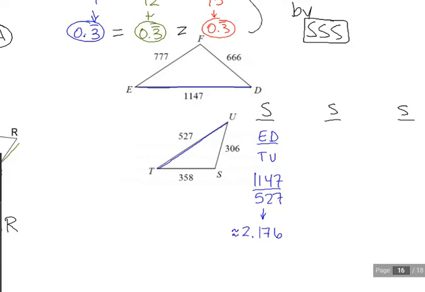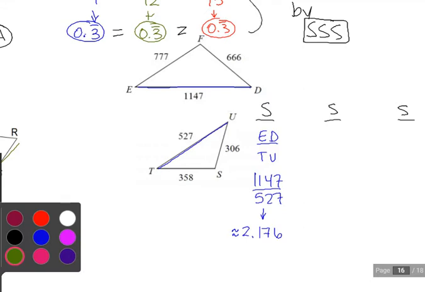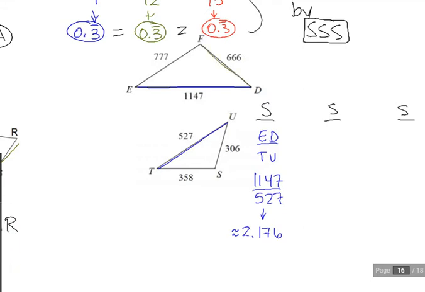All right, so here we have the small side. Oh, 666. Oh man. Okay, so we have large triangle over small triangle, and so we have to do FD this time. Okay, the smallest side in this triangle will be 306, so that's going to be SU.